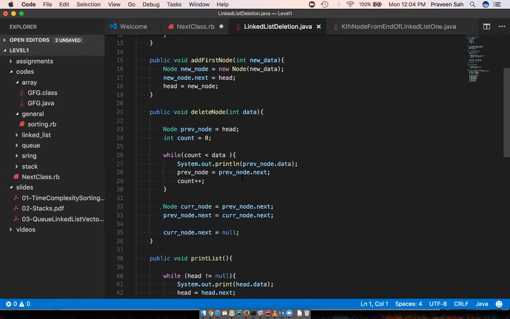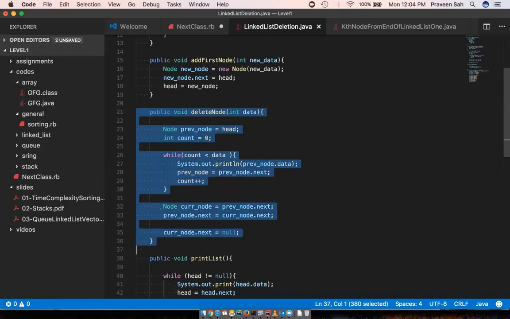So now I'm deleting any random value. So I'm just calling delete node 5. So this is my code, but I think it is wrong. I'm getting some error. Yes. So you want to delete 5, and this is the code you have written, and you want to find the error in this. Others also think, try to find the mistake in this code.